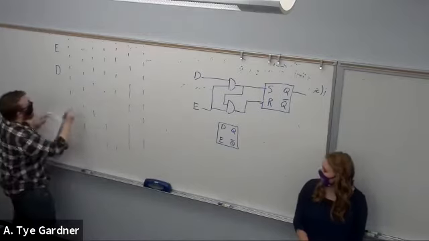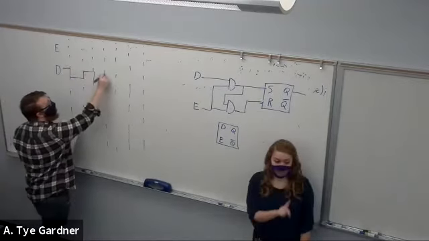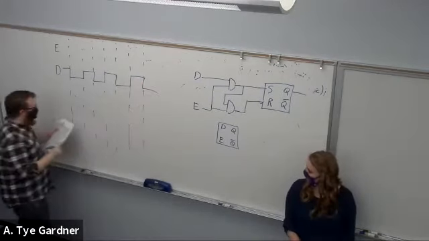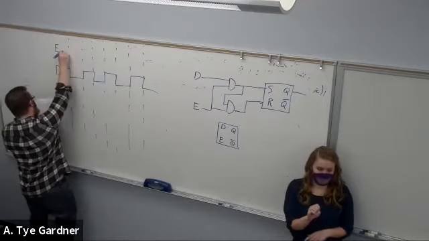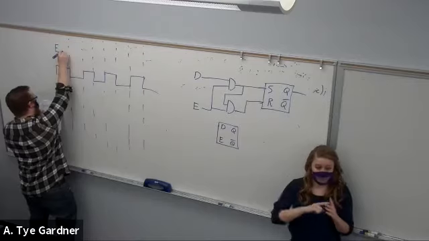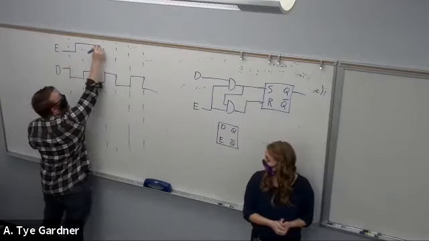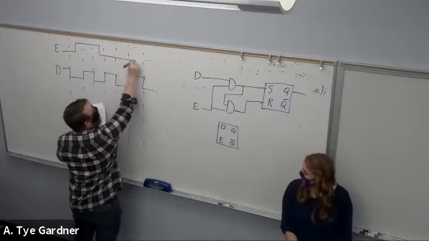So all I'm going to do with data is just sit and toggle it. And then with enable, I'm going to go ahead and start off low, go high, we'll drop back low here, stay low until here.